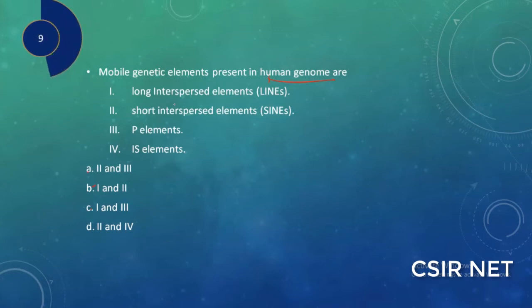Mobile genetic elements are present in human genome. They are mostly recognized as option B, that is LINE and SINE, long interspersed elements and short interspersed elements. Next question.